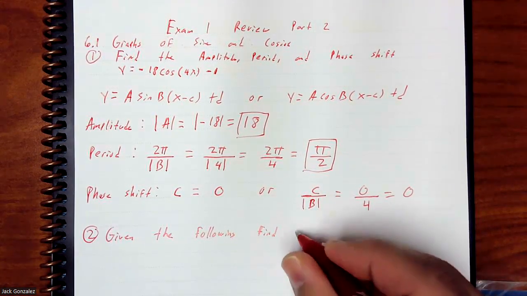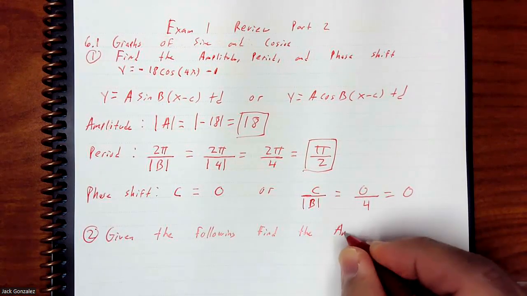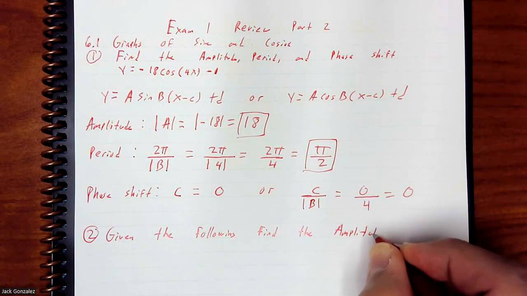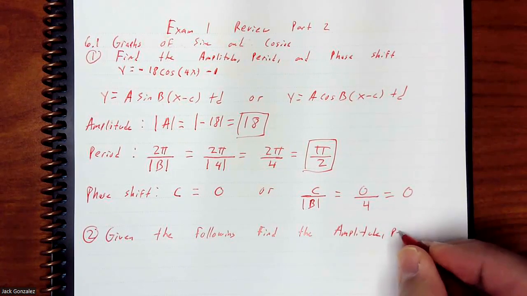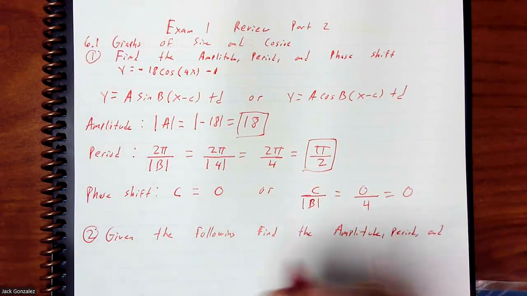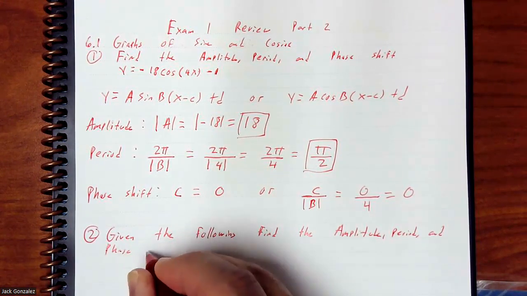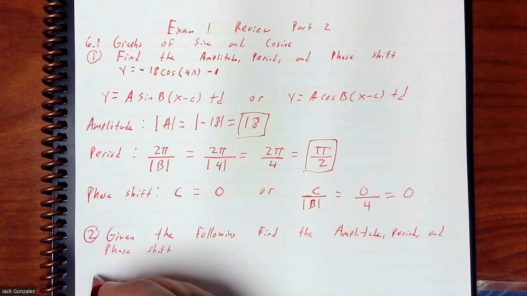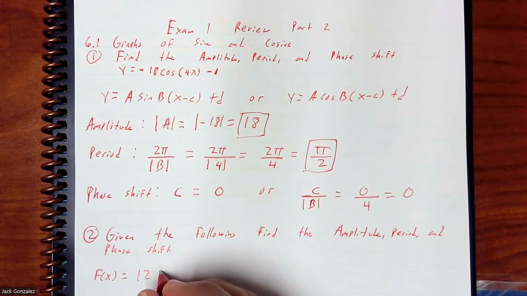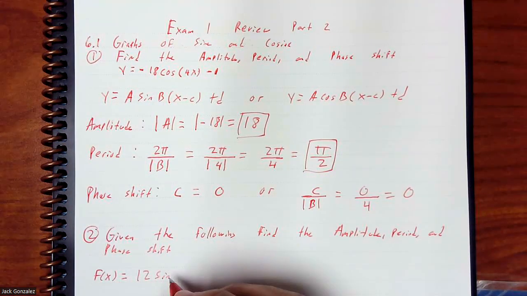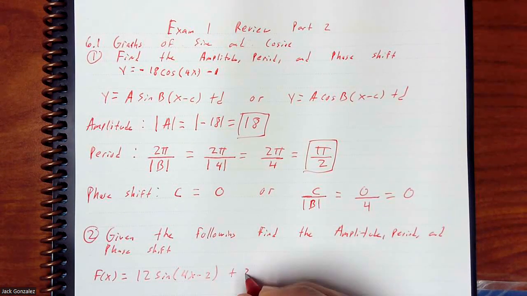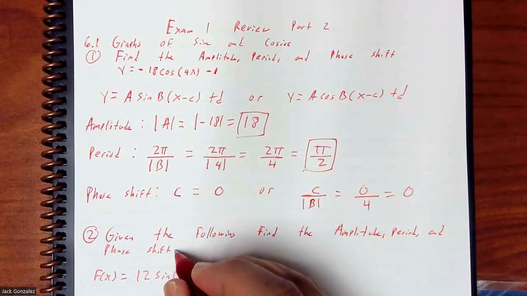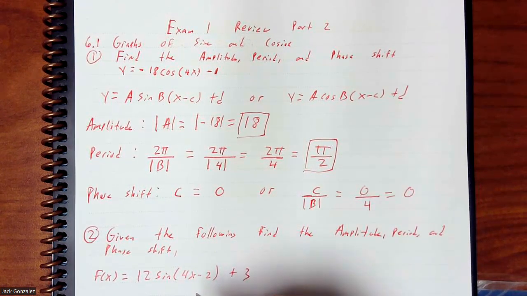Given the following, find the amplitude, period, and phase shift. So our function f of x is equal to 12 sine of 4x minus 2 plus 3. We'll go ahead and add what's the other thing?